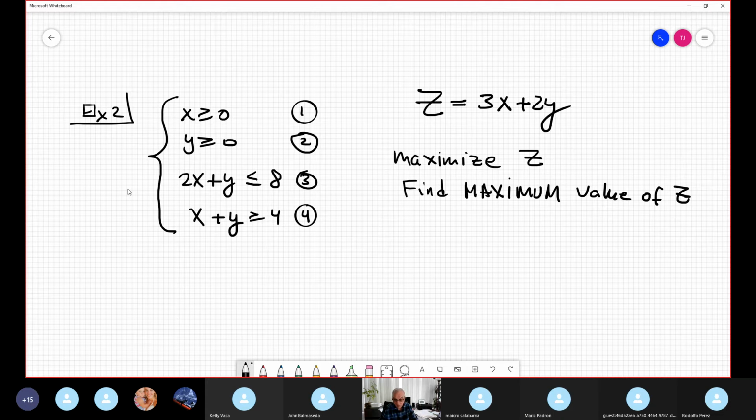The hard part is the inequality part, as always. Okay, let's do it.